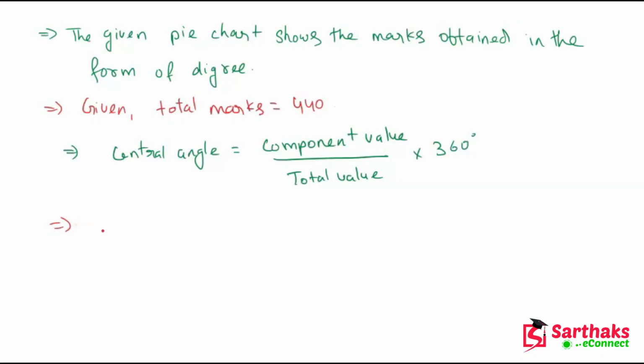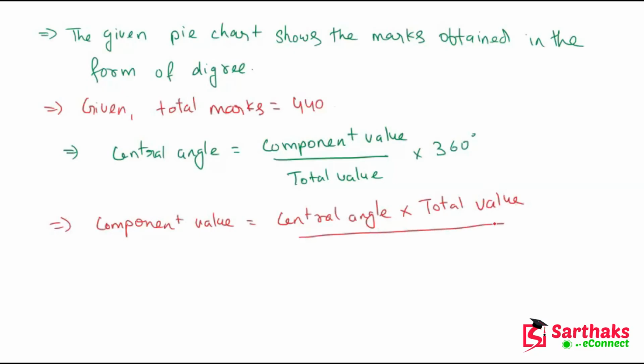So the formula for component value is central angle into total value, divided by 360 degree. Okay, so this is the method.